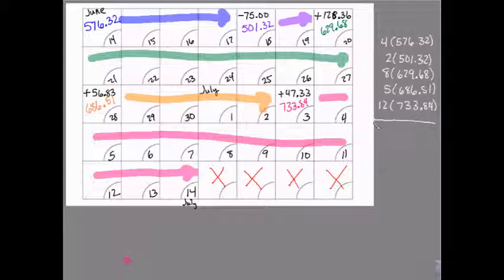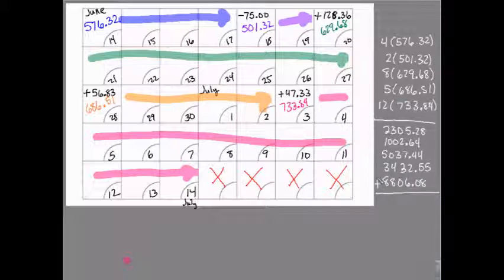So we multiply those. Okay, once I multiplied all those, I add everything together.